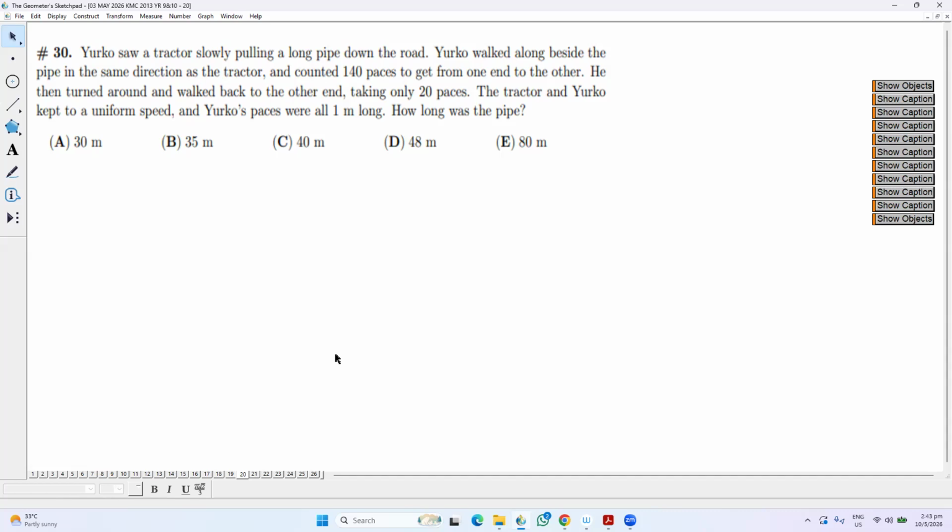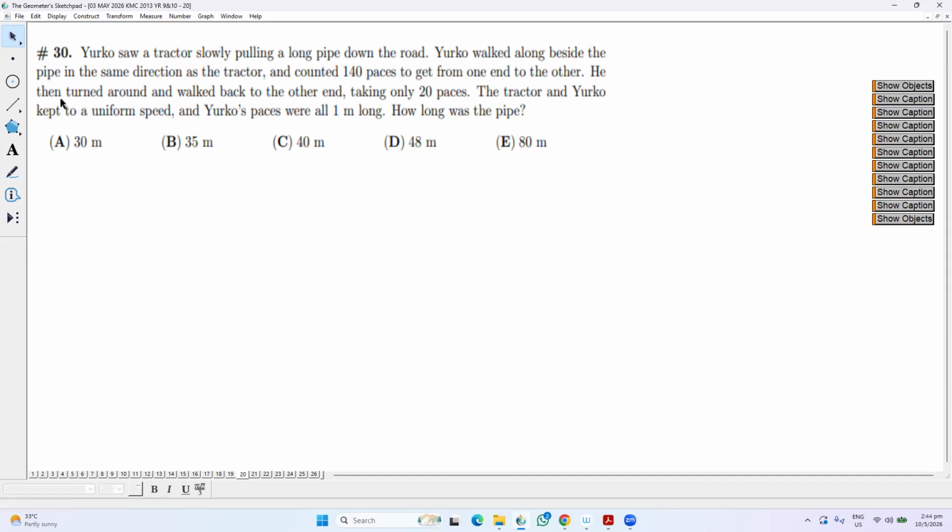Yoko saw a tractor slowly pulling a long pipe down the road. Yoko walked alongside the pipe in the same direction as the tractor and counted 140 paces to get from one end of the pipe to the front end of the pipe.